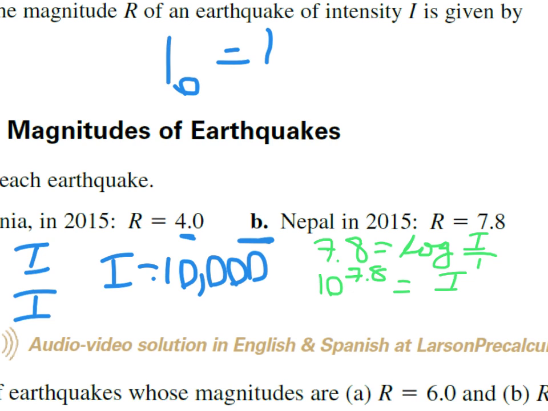And this time you get 63 million. So that's a lot, man. Holy smokes. The intensity of the earthquake in Nepal was about 6,300 times as great as that of the earthquake in Piedmont, California. All done.